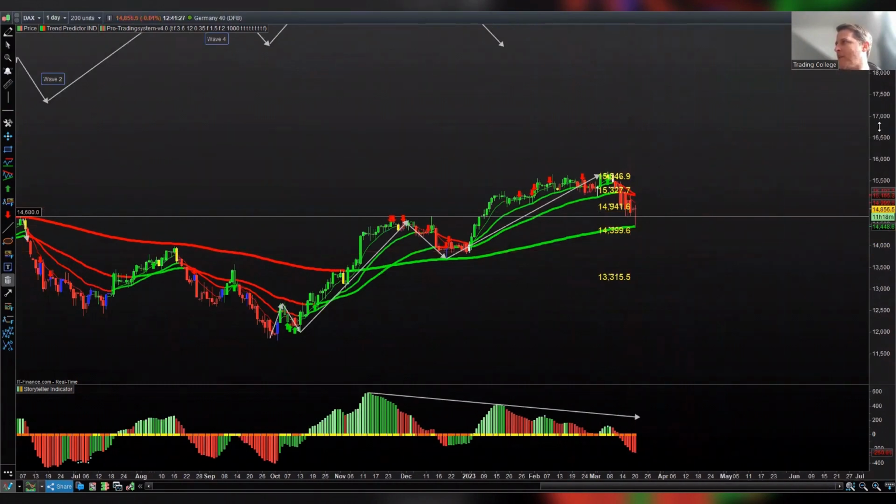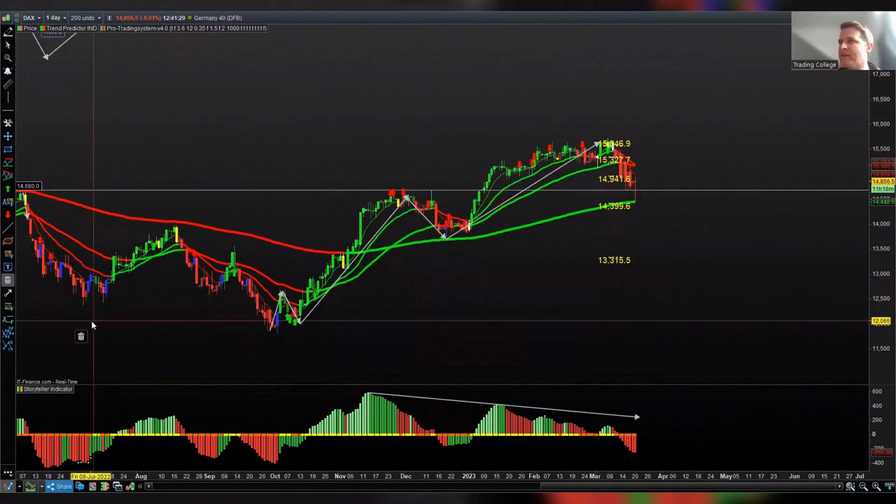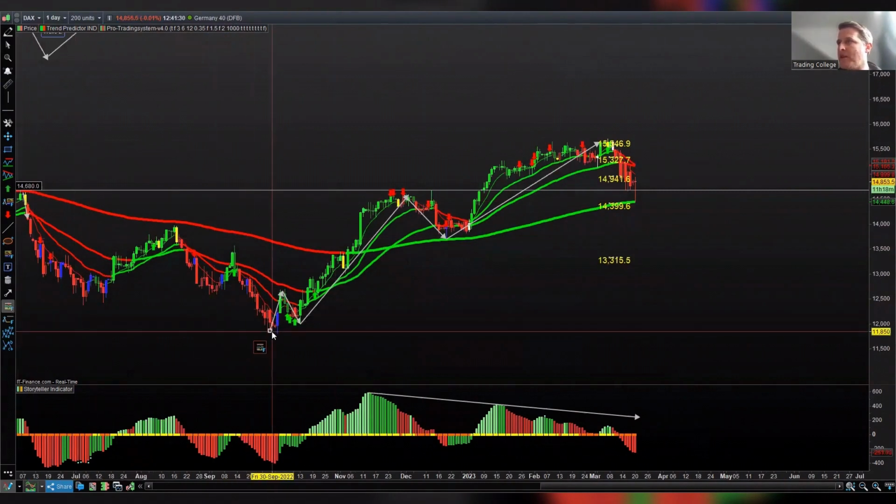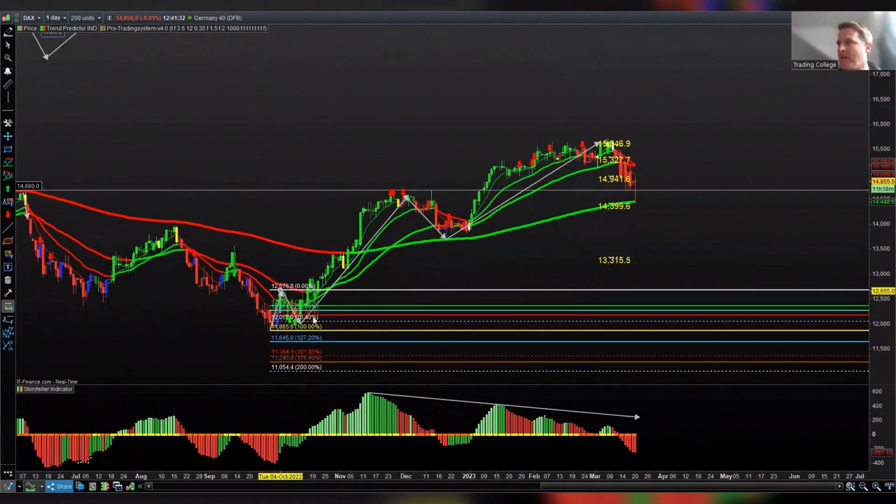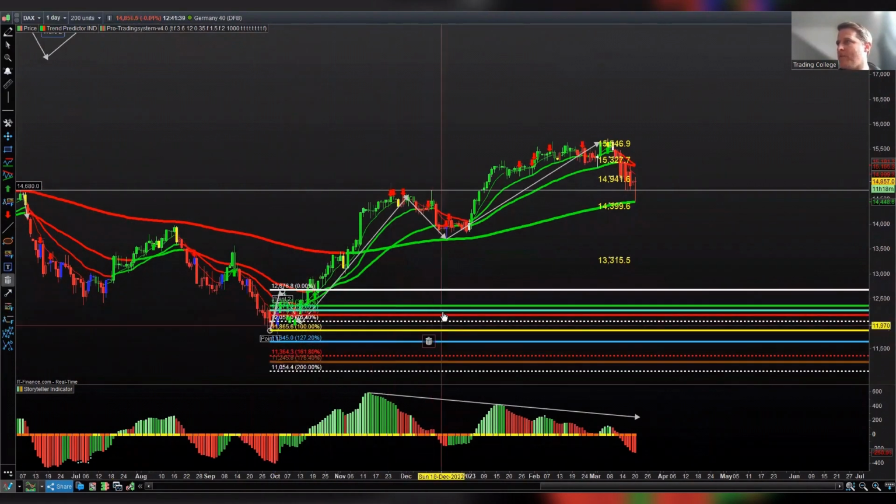The thing about these cycles is that when we measure the fibs, it's always about being in and around the levels to see if we're going to get a new buy signal to time the market.